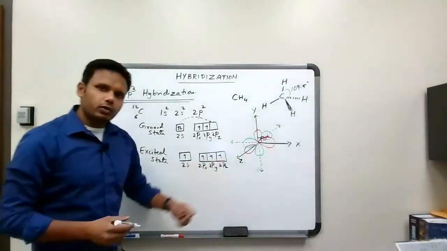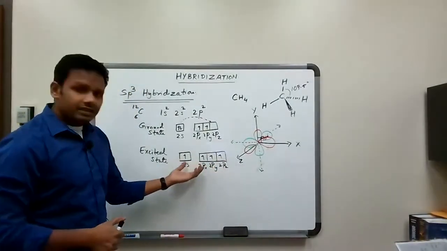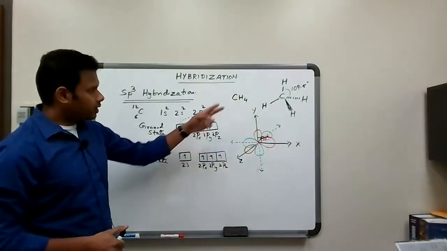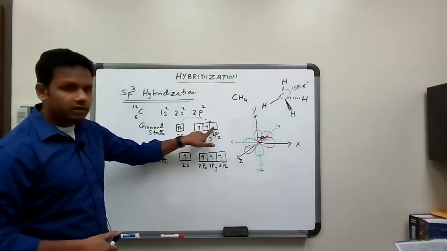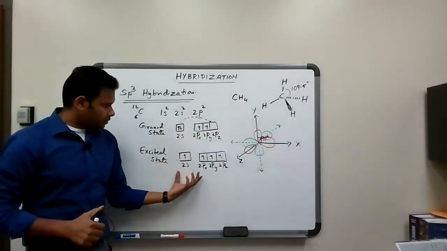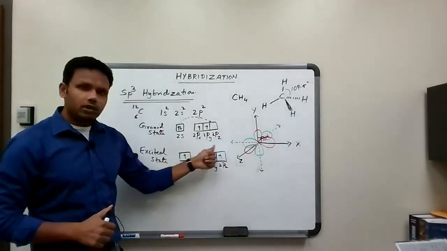So now we have 4 unpaired electrons. This is a better situation, because with our ground state, the 2 hydrogens would have to put their electrons into the same pz, which was really bad. Now we are in an excited state configuration where carbon has 4 unpaired electrons.